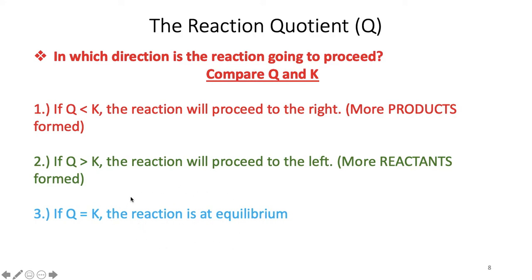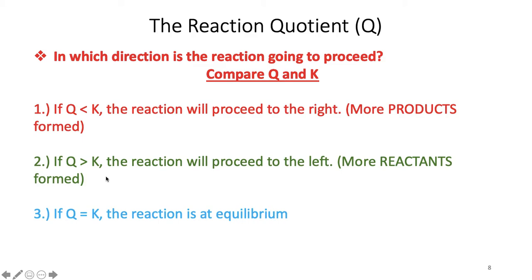The rate of the forward reaction is the same as the rate of the reverse reaction. Here, if Q is smaller than K, the forward reaction rate is faster than the backward reaction rate. So that's why it is going to keep proceeding to the right till those rates equate each other.